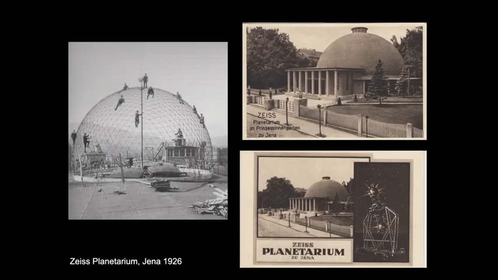But let me remember also the Zeiss Planetarium in Jena, 1926, with its steel grid, and the concrete was later sprayed on this grid, but the primary construction is out of steel and elements in this kind of network, which produced the dome for the planetarium.